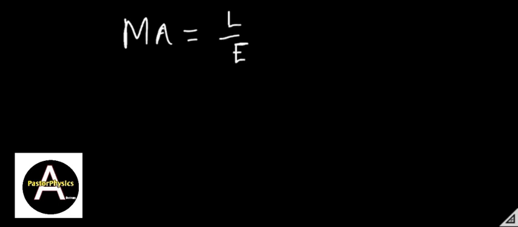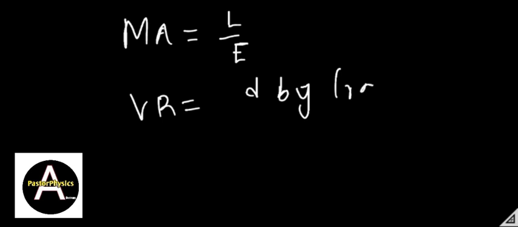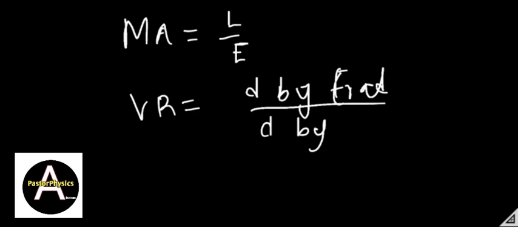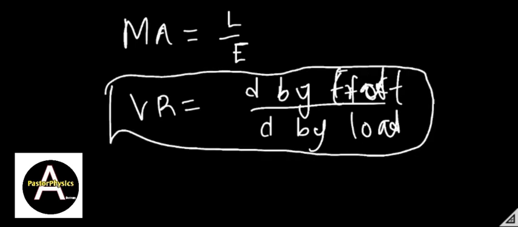We said that velocity ratio is the ratio of distance moved by effort over distance moved by load. So we say that velocity ratio is distance moved by effort over distance moved by load.